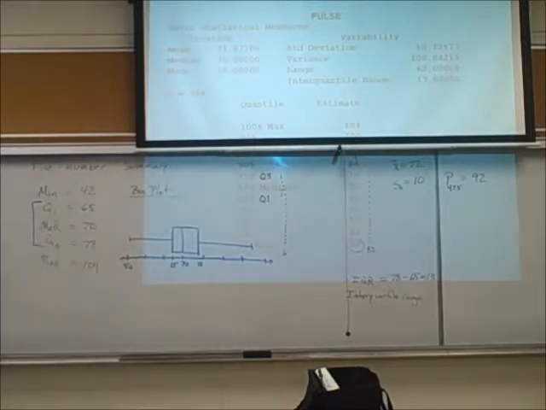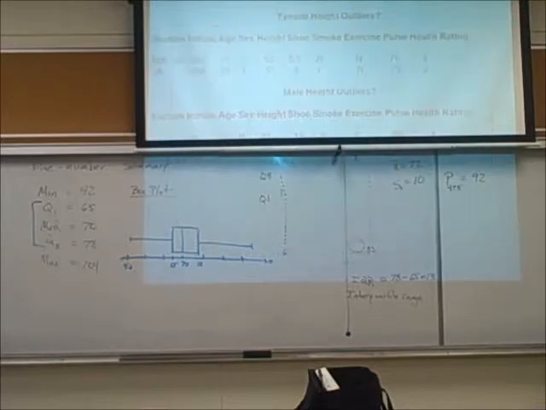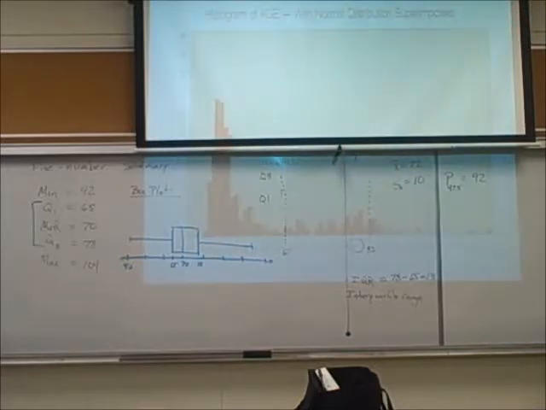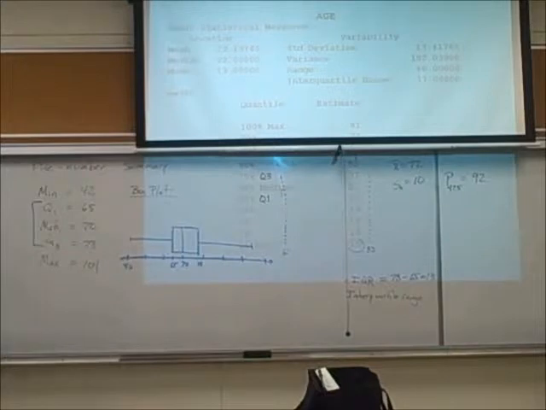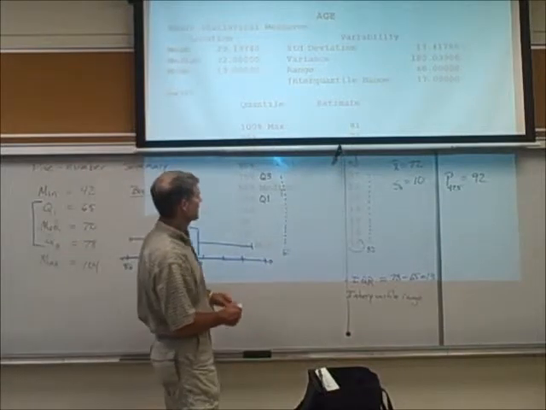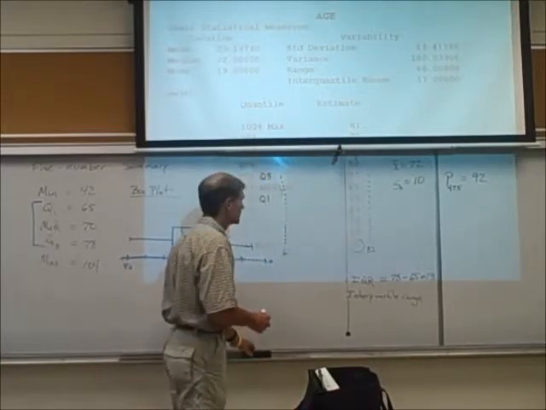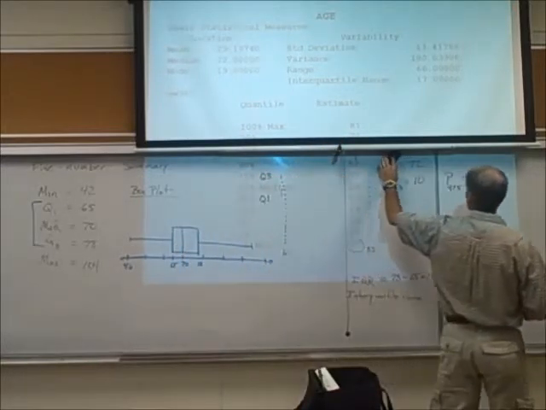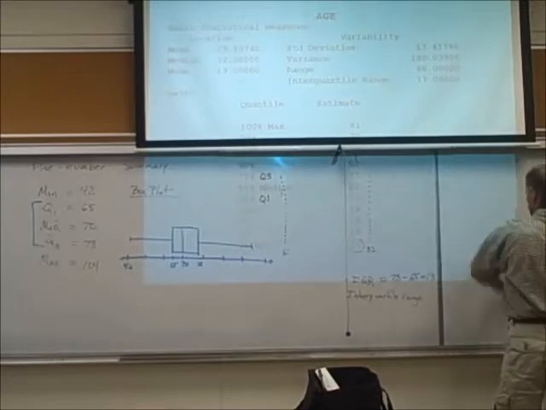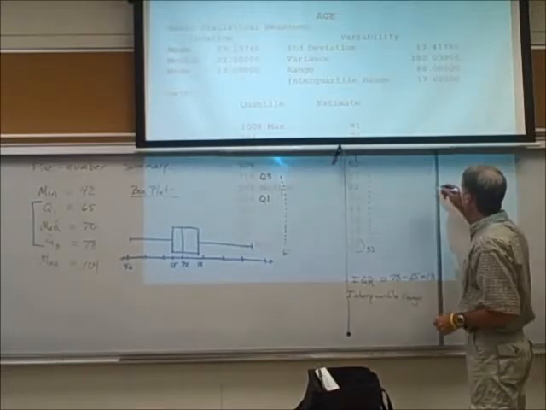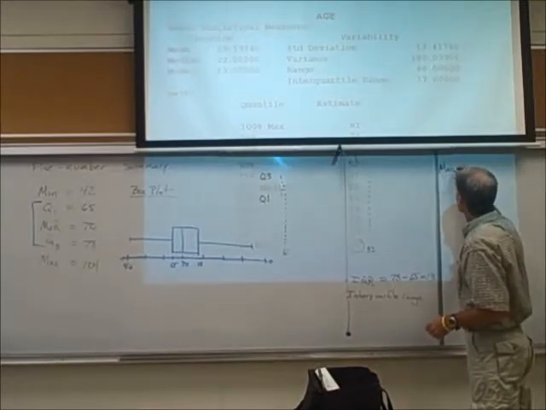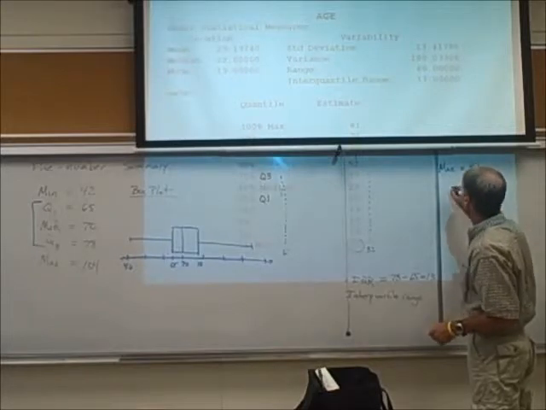So let me page down. And remember, there is the distribution of age, a highly skewed distribution. If I show the summary statistics, the max is 81.